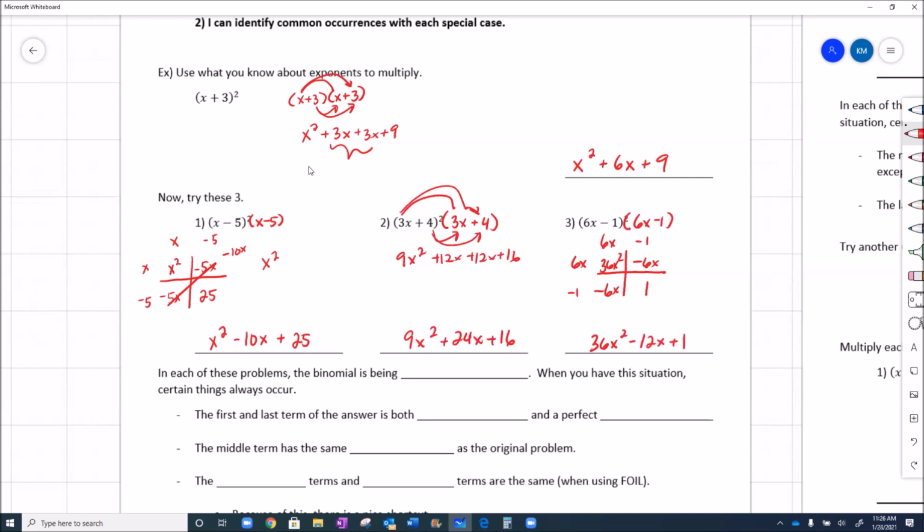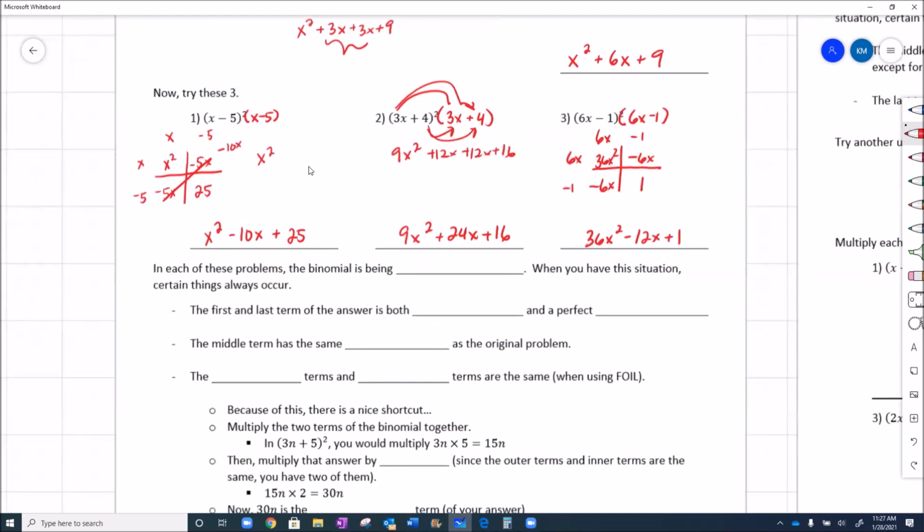Okay, in each of these problems, the binomial is being squared, multiplied by itself. When you have this situation, certain things occur. The first and the last term of both answers is both positive and a perfect square.